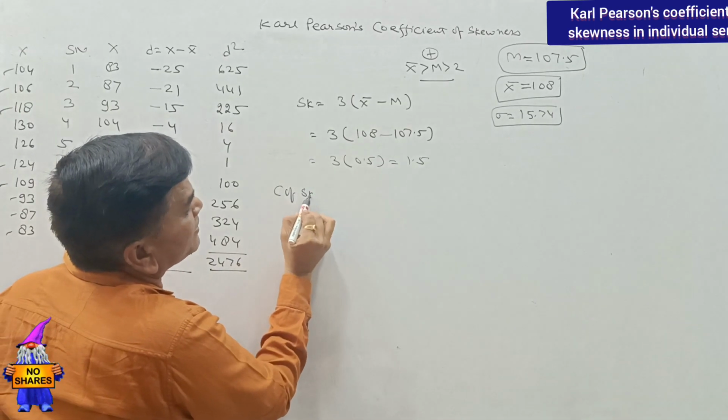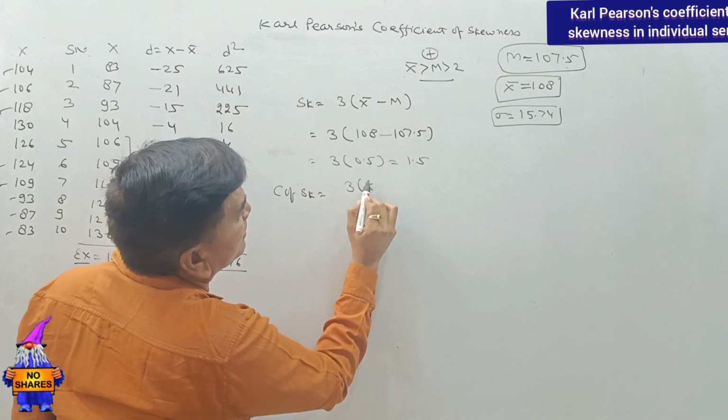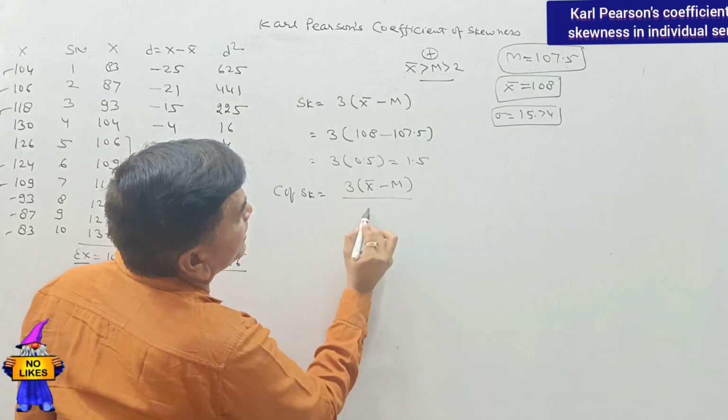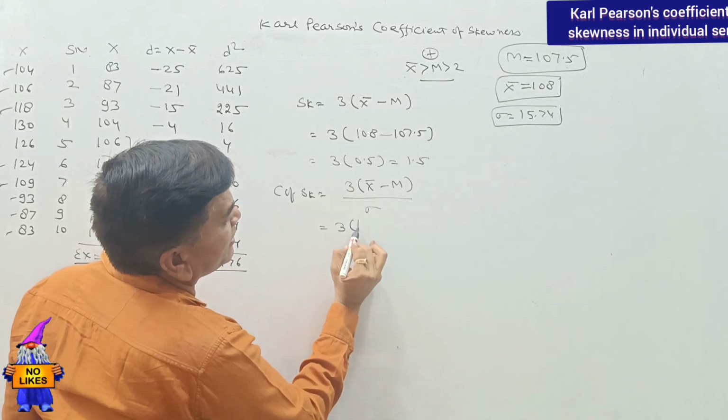Coefficient of skewness is 3 times (x bar minus m) divided by the standard deviation.